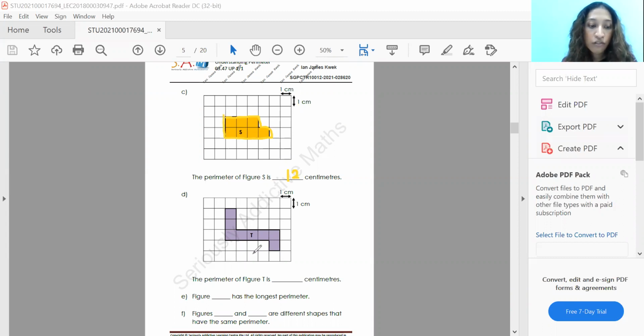The perimeter of figure T is 18. Which figure has the longest perimeter? Pretty obvious, it's T. Which figures are different shapes that have the same perimeter?